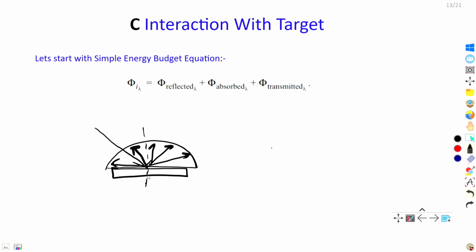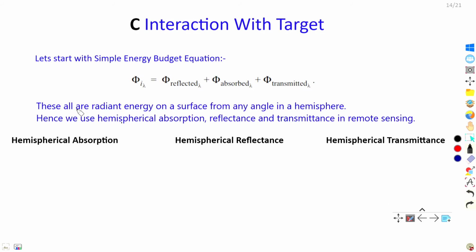So in remote sensing, only this hemispherical surface is important to us, not the whole spherical surface. Hence all these are radiant energy on the surface from any angle in the hemisphere. Hence we use hemispherical absorptance, reflectance and transmittance in remote sensing. One by one we will see each of them.